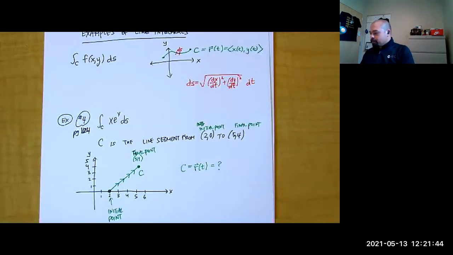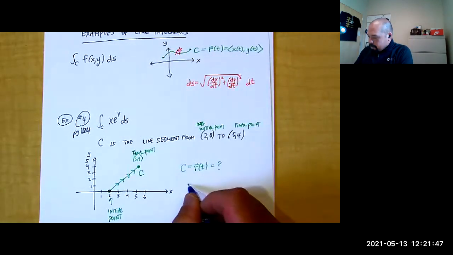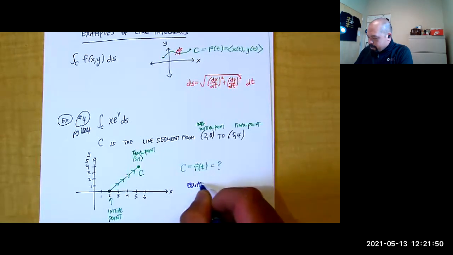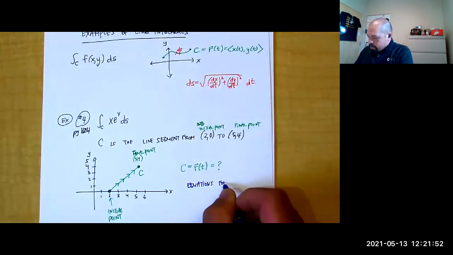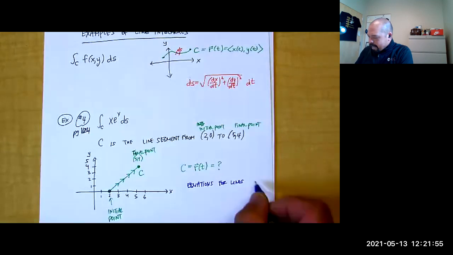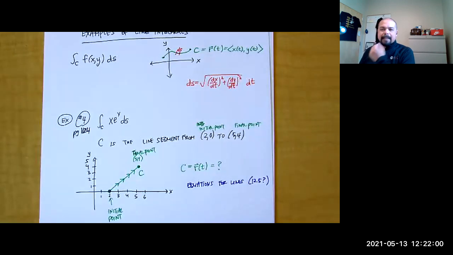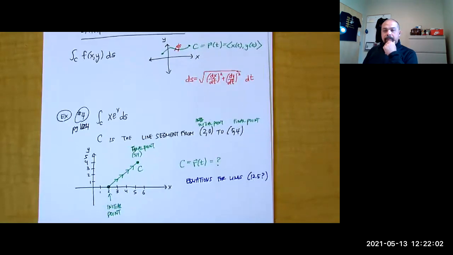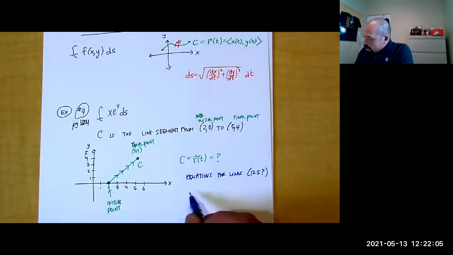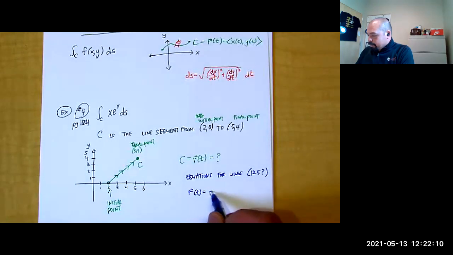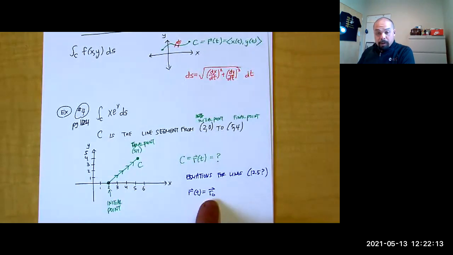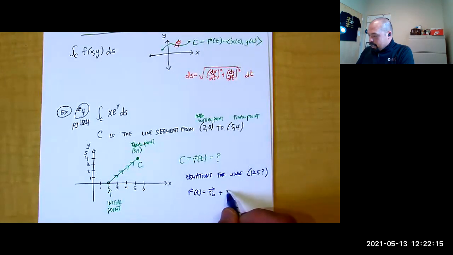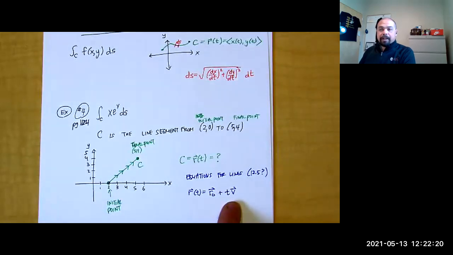And if we think back to our discussion, our equations for lines, back in, I think it was section 12.5, if I'm correct. It's in the first chapter we had discussed. Okay. Remember that we had talked about that r of t was equal to, right, that r sub 0, our initial point, plus t, that parameter, times our direction vector.